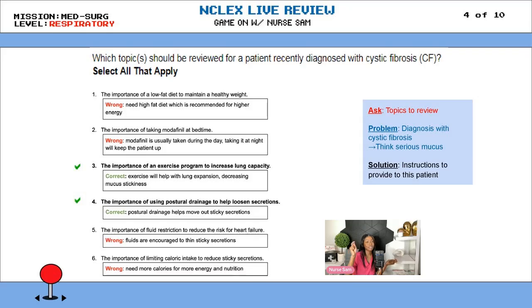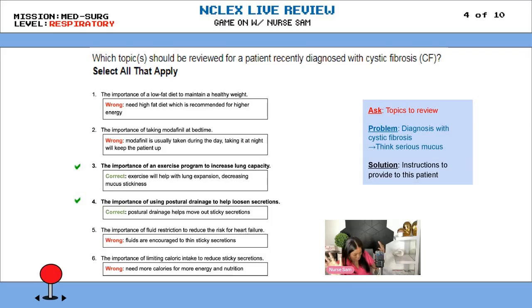If you see something that's low anything, hypo anything, maybe high anything, there's a very high possibility that the NCLEX is not trying to trick you, but just testing whether you know that it's high fat, not low fat, or the opposite of whatever was told to you.